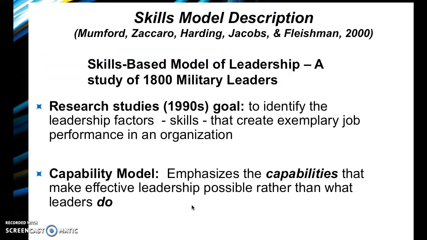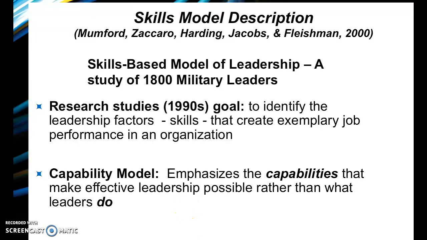And the second one was the skills model, which was a study of 1,800 military leaders in the 90s that was completed in 2000 by Mumford and his associates. And their aim was to identify the leadership factors or skills that created exemplary job performance in an organization.